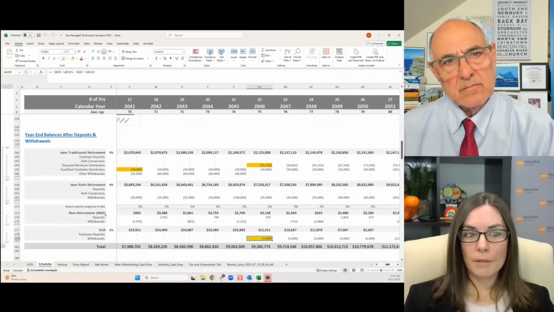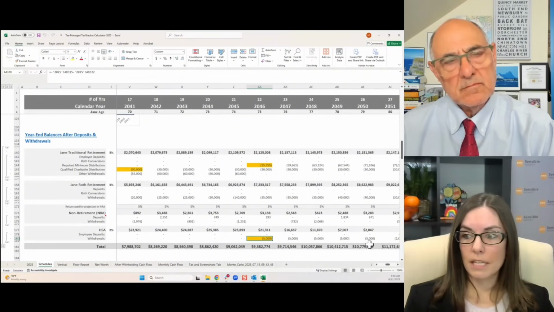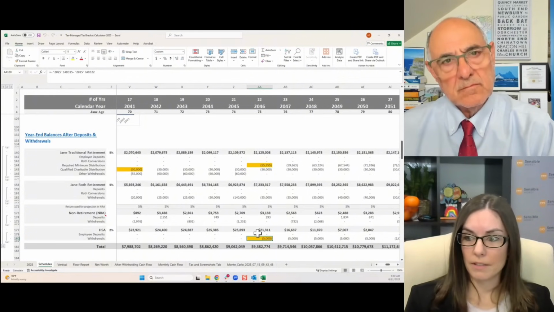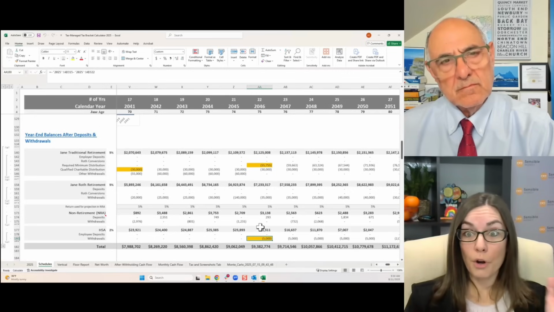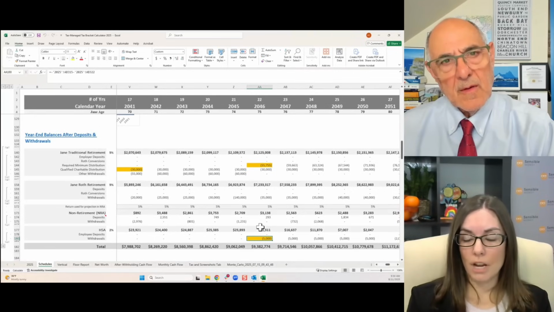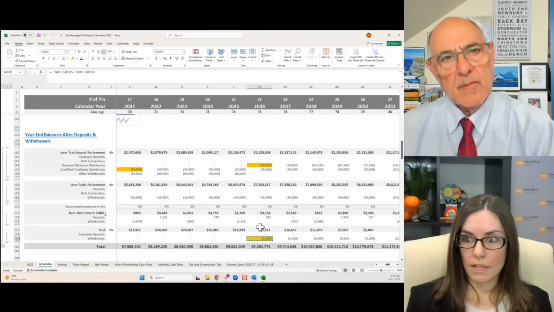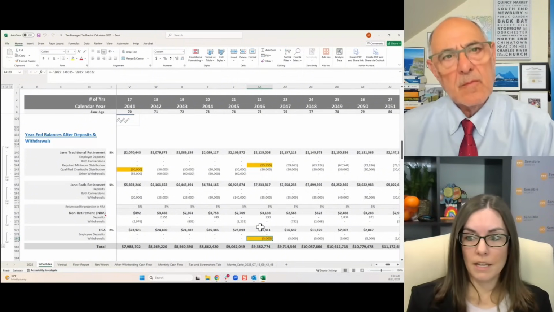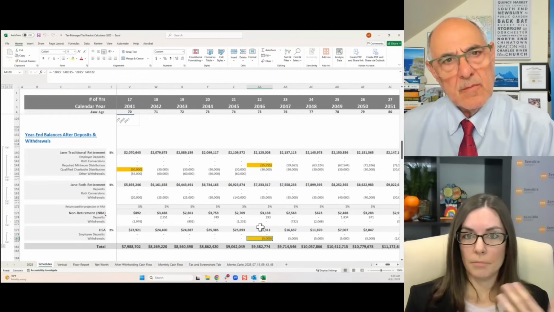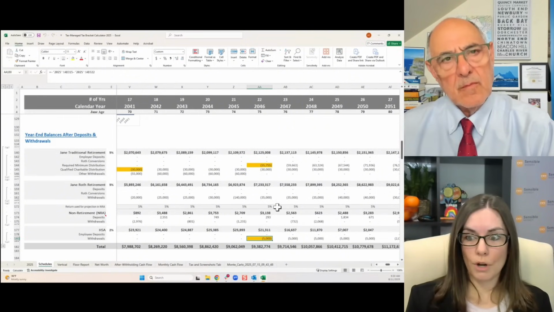But then around RMD age, or if there's major health stuff to consider, eventually you want to start taking that money out because it's not a great inheritance to leave to somebody. So you see that factored in. It's a small balance in this plan. But overall, the tax-managed strategy is: can we do some Roth conversions? Can we take advantage of charitable tax opportunities? And can we try to proactively make some decisions to reduce future RMDs?